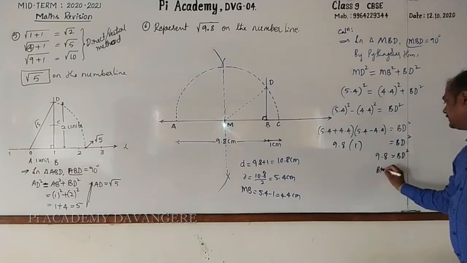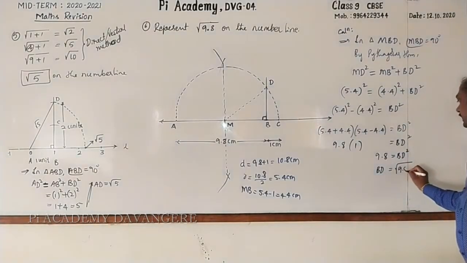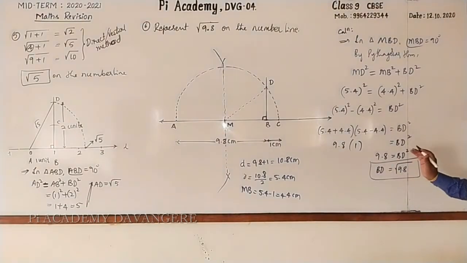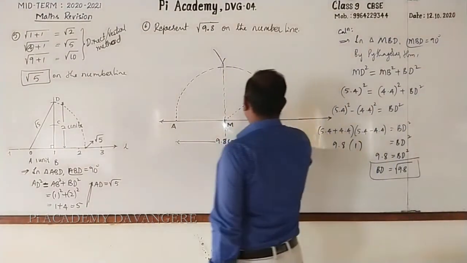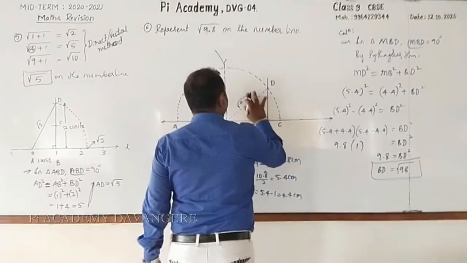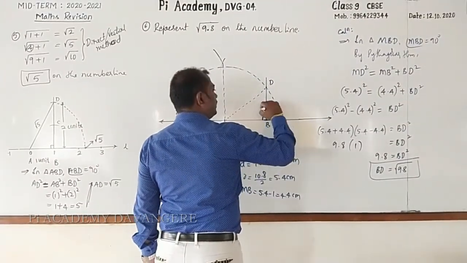Then BD is equal to square root of 9.8. Clear?